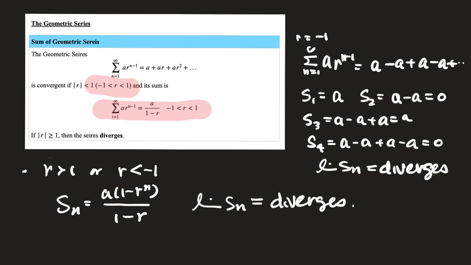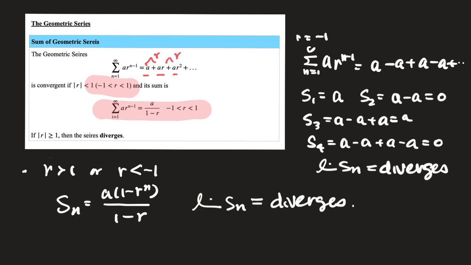So for a series that is a sum of a geometric sequence, we first have to recognize whether the series is a geometric series. How do you know? Each term is scaled, each time multiplied by r.